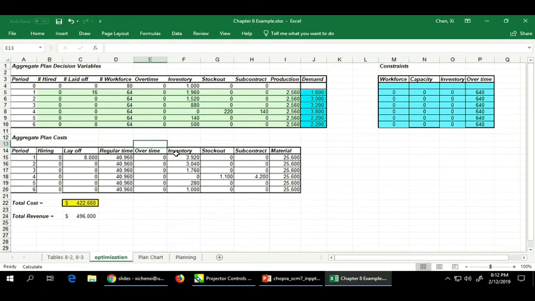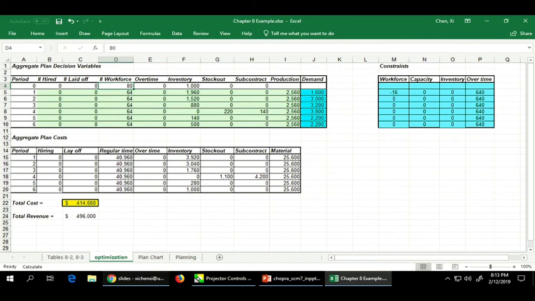And then this part is calculating the corresponding costs related to these decision variables. Right? So for each person that we hire, it's going to cost $300. So $300 times the number of people hired is the hiring cost for this month. Similarly, layoff cost is $500 times number of people laid off. Let me change this to 0.